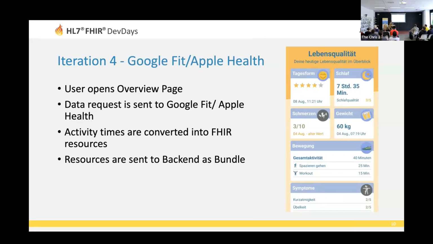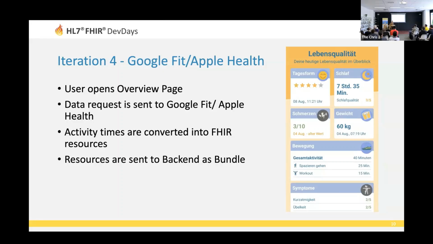So our process is this. When the user opens the overview page of all values they entered, it automatically triggers a call to the Google Fit and the Apple Health APIs. This is done over the period of time since the last activity was recorded.